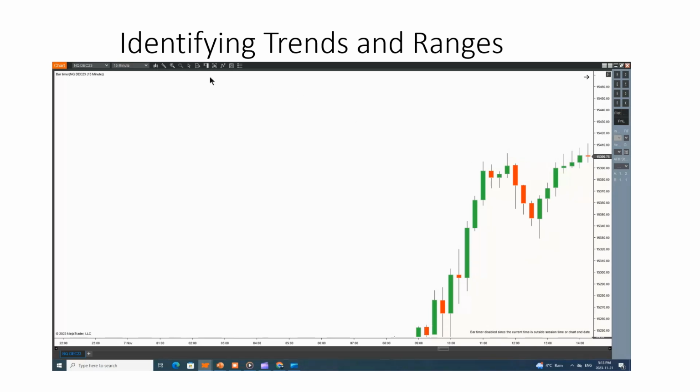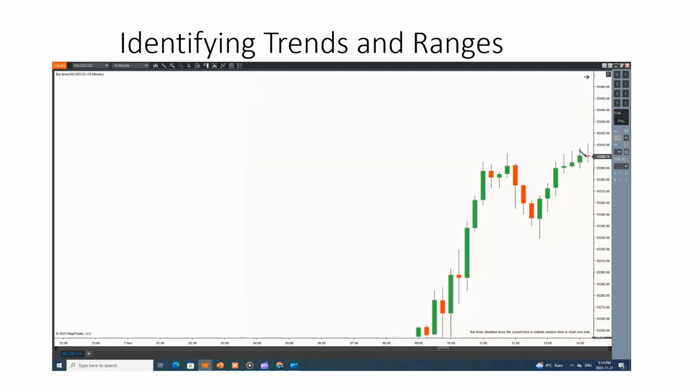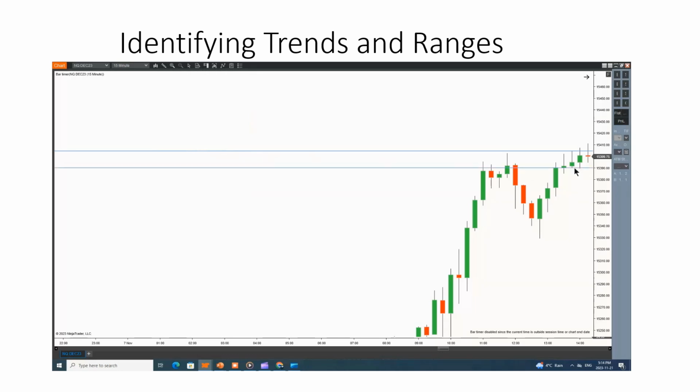Now, two bars have closed within the range of a prior bar. If this bar had been a green bar, the market still would have been in an uptrend.